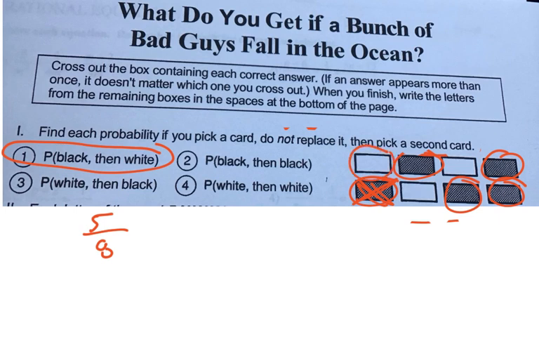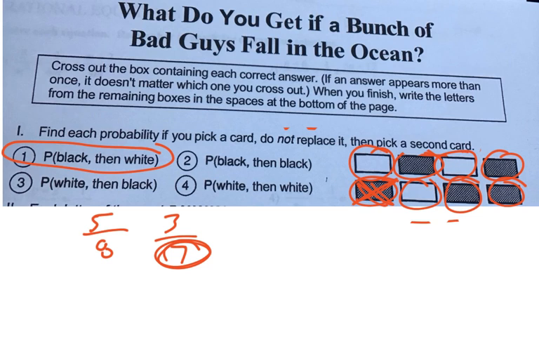Well, notice there's 1, 2, 3 white, but there's only 7 cards, right? See, this right here is the difference. If I were to pick another card, now I'd be down to 6 cards, for example. And that's why I was saying earlier, this is a more realistic probability. It's like playing a game of cards and you're just dealing out the cards, right?